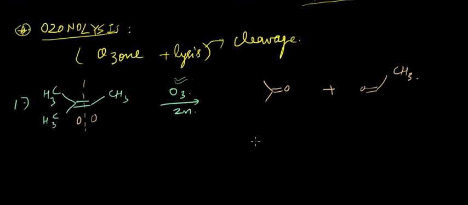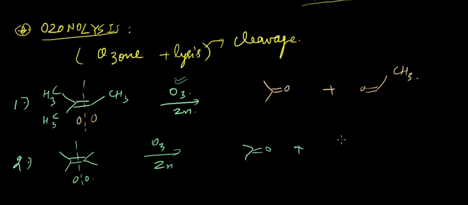Okay, so let's look at another example for ozonolysis of this compound. We have O3. So O3 will attack on the alkene and will replace the double bond with the next carbon, the neighboring carbon, with itself.